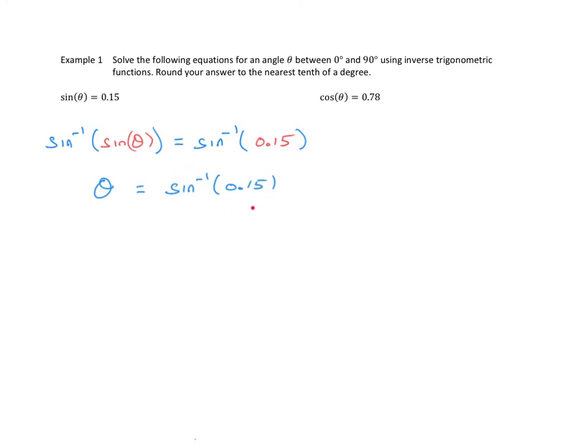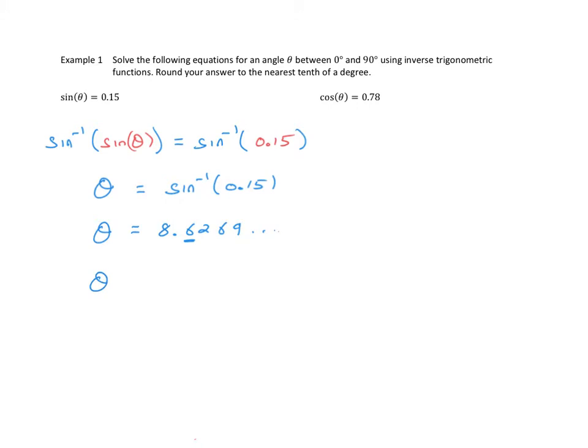I can now go to a calculator and type this in to get my answer for theta. It's asking for this in degrees, so I'm being careful to make sure that my calculator is in degree mode. It is. I'll type sine inverse of 0.15. The angle I'm getting back, theta, is equal to 8.6269, and it goes on. It's asked to round to the nearest tenth of a degree, so we're rounding here.